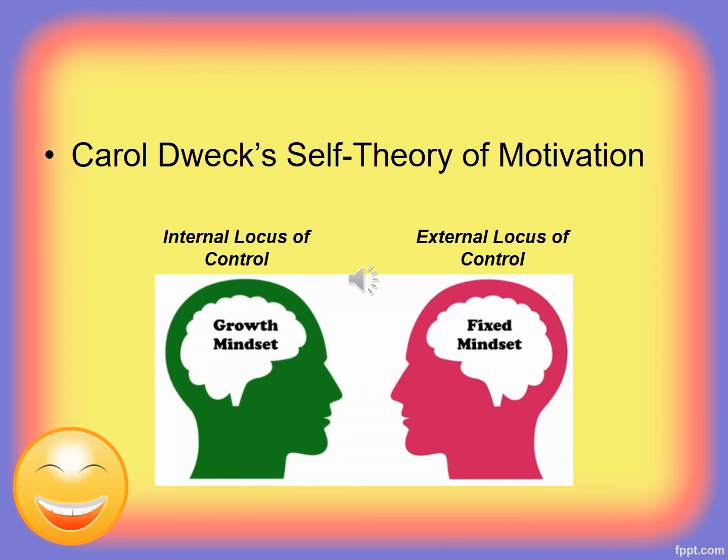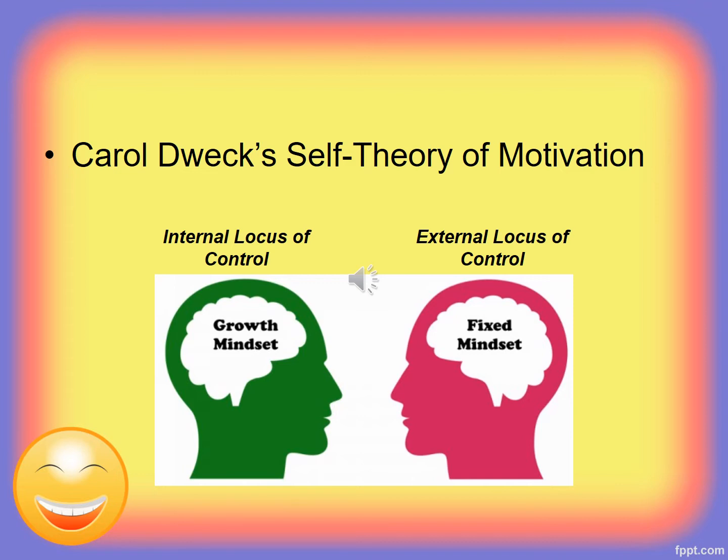One is the growth mindset, where you believe that if you continue to work harder, you can achieve better and improve for the next round. With a fixed mindset, people believe they can't do anything because this is their limit, so they just stay where they are. The growth mindset relates to an internal locus of control, where they believe they are the person in control of their achievement.